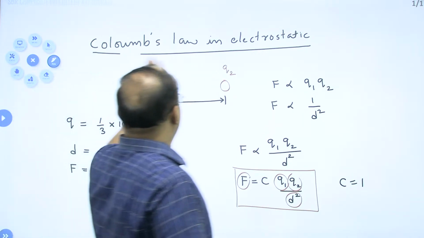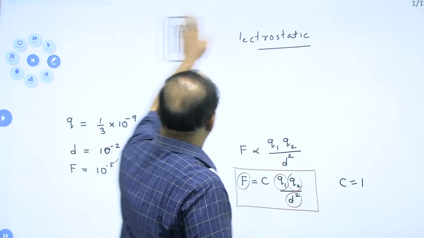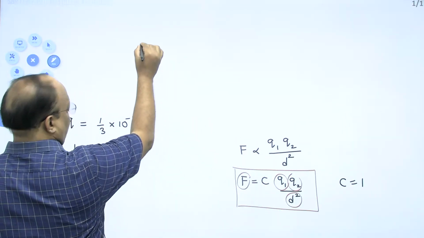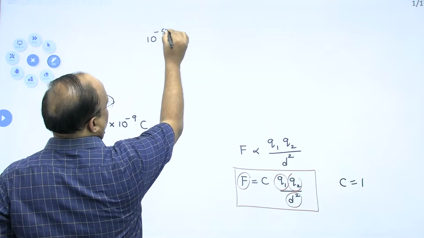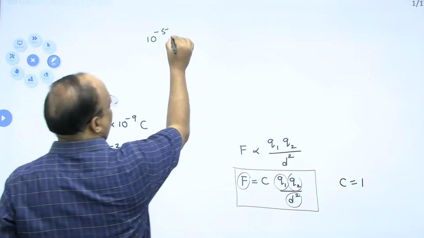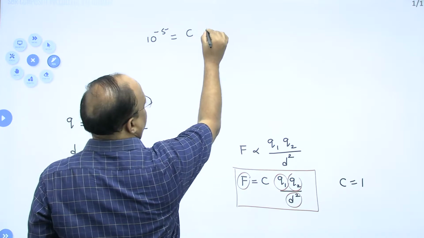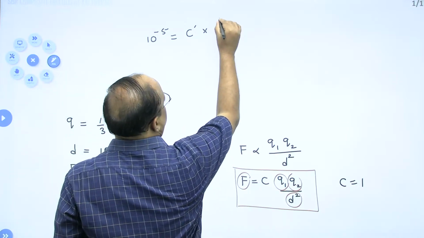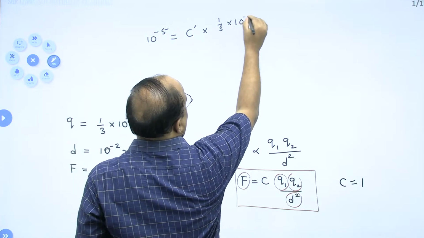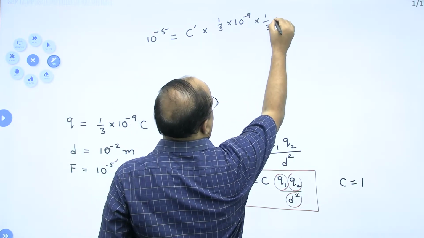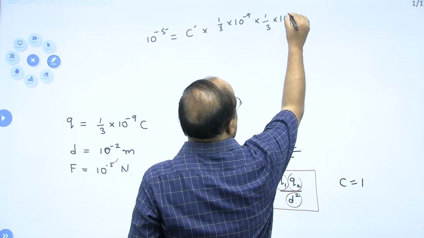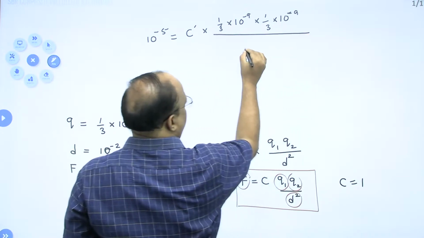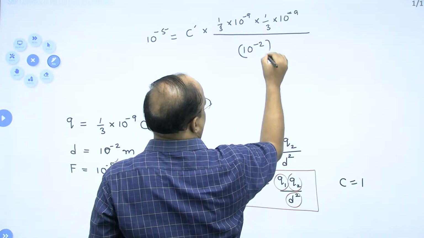If you substitute all these values, the force is 10 to the power of minus 5, which is equal to C dash, because I want it in SI now, into 1 by 3 into 10 to the power of minus 9 into 1 by 3 into 10 to the power of minus 9, the whole divided by 10 to the power of minus 2 whole square.